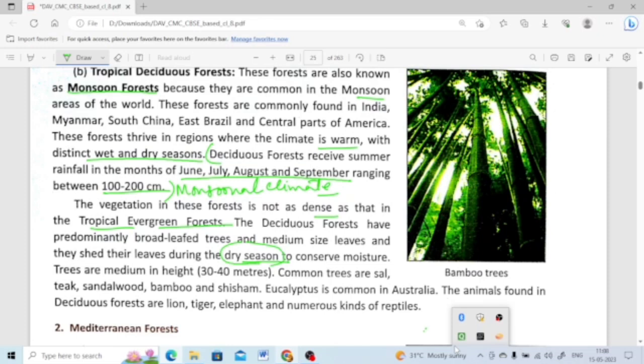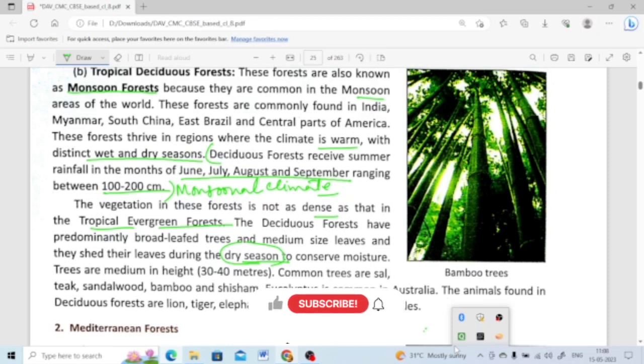Unlike the equatorial region, there is no abundance of water throughout the year. We are not receiving rainfall all year. We just receive good to moderate rainfall from the month of June to September. So for these 3 to 4 months we are receiving rainfall. During the dry season they shed excess or dry leaves. This is how they retain moisture in them.